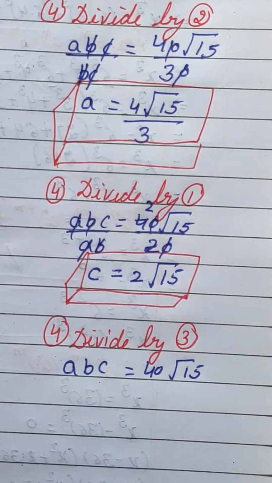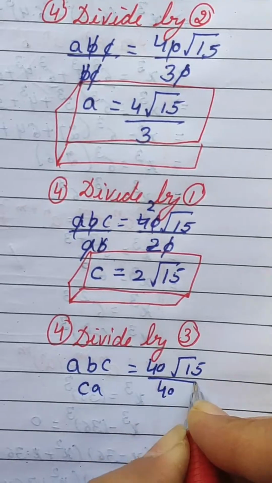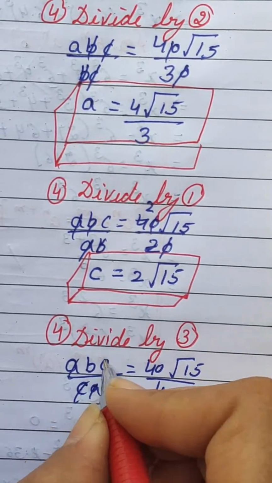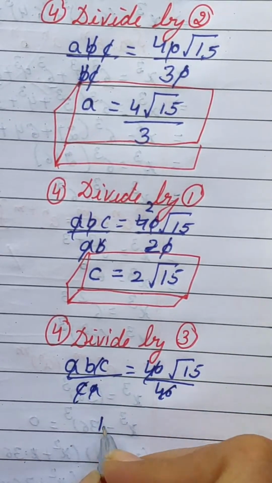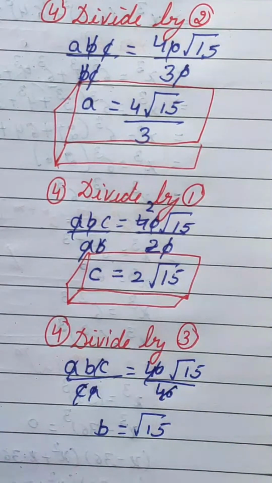So I write it here, CA 40, CA cancels, 40 by 40. So B is equal to root 15.